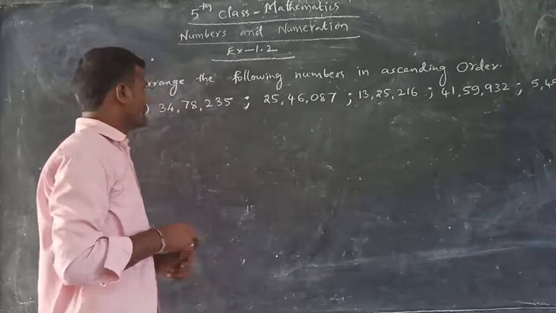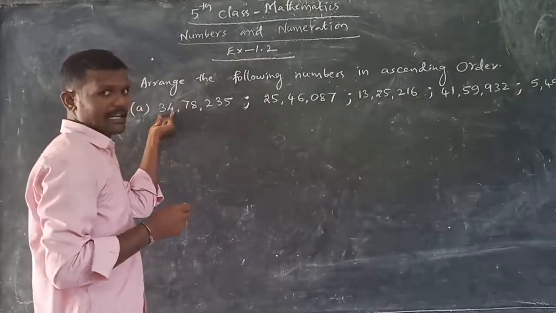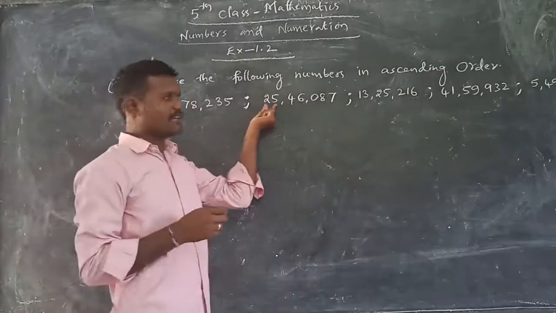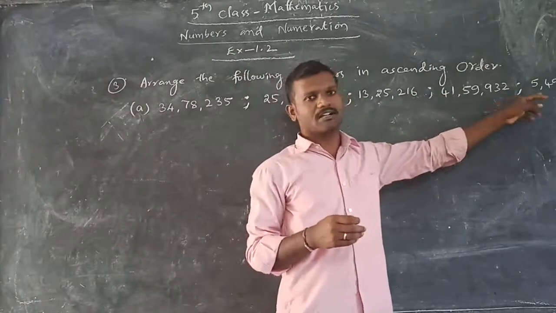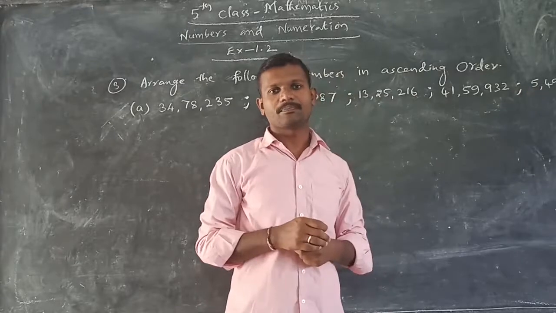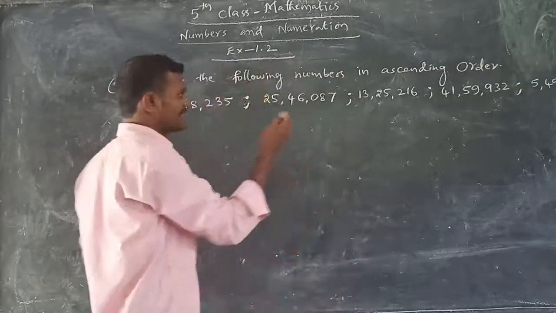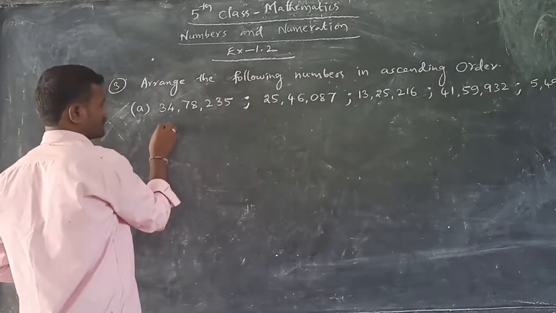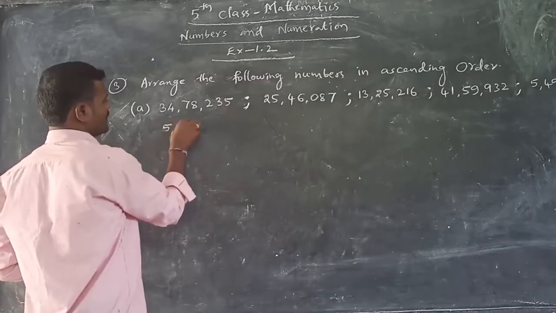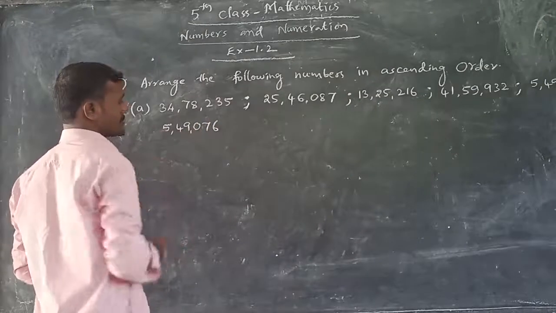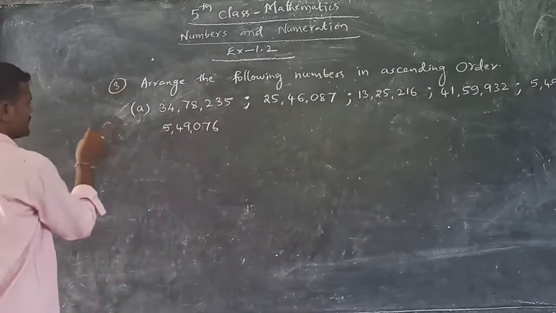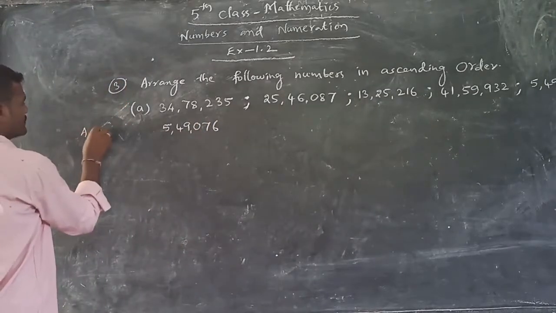While reading them, you have to identify it is 34 lakh, 25 lakh, 13 lakh, 41 lakh, 5 lakh. Which is smaller in them? 5 lakhs is the smaller. So write the 5 lakhs first. 5 lakhs, 49,076. It is the first number. Which order is it? Ascending order.